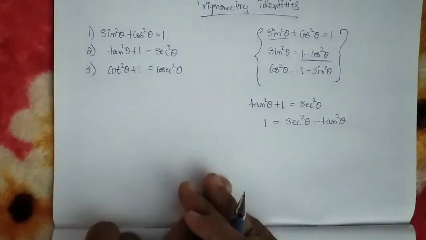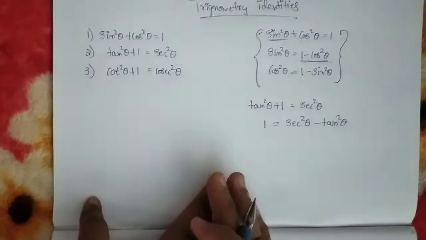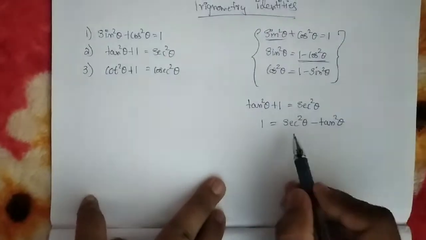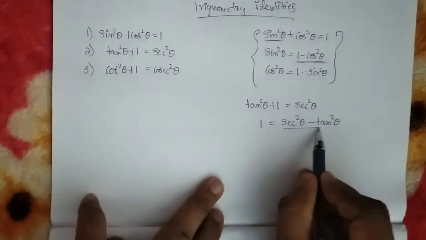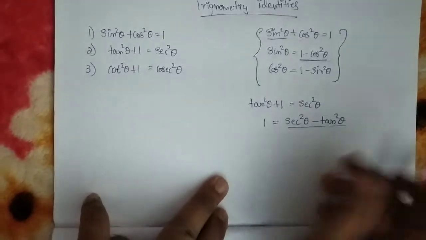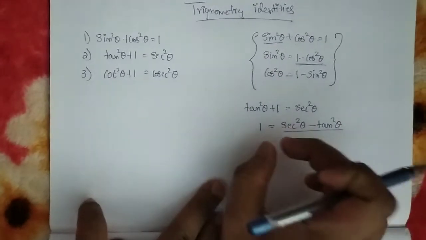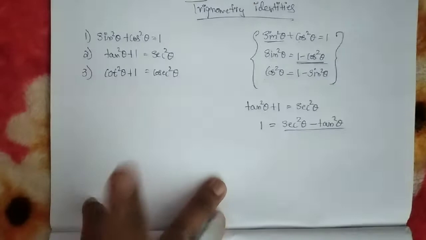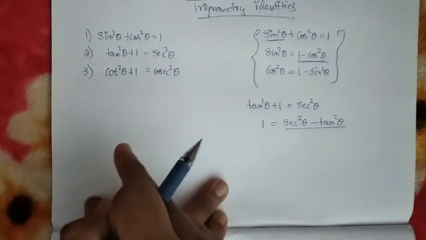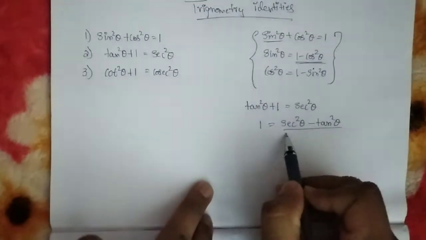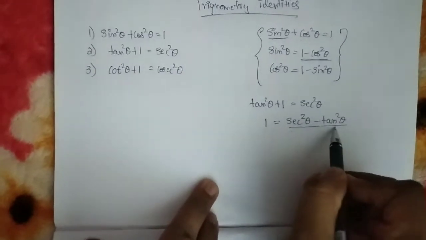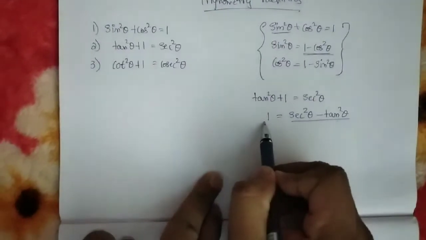Okay, whenever you are solving the sums based on trigonometry, again, if you are having secant square theta minus tan square theta, instead of this, you can write 1 if it is necessary in your sum. So secant square theta minus tan square theta will be equal to 1.